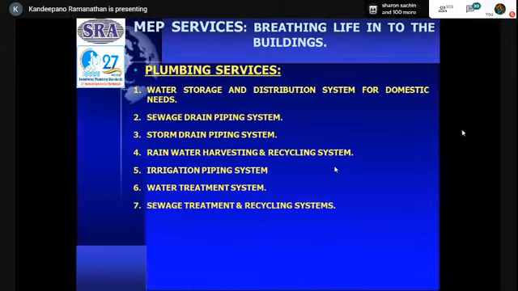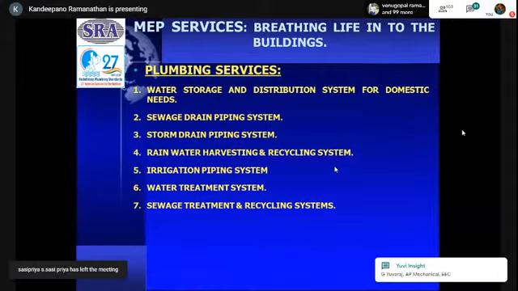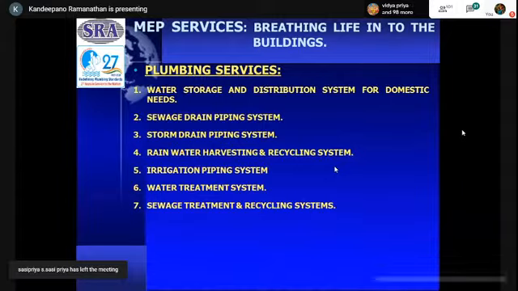Then sewage treatment and recycling system. The item number two, if you look up there, sewage drain piping system. Whatever sewage is being drained through that piping system has to be collected, treated properly, and recycled. This is now becoming mandatory and even a common practice.